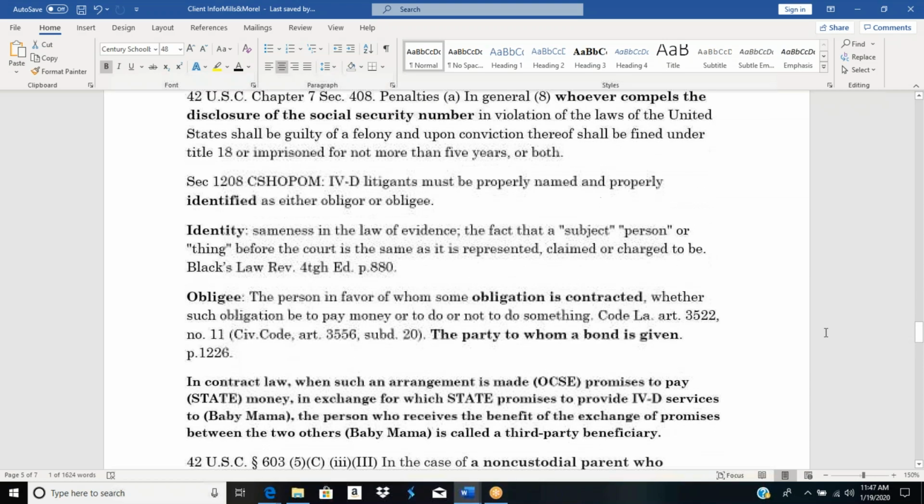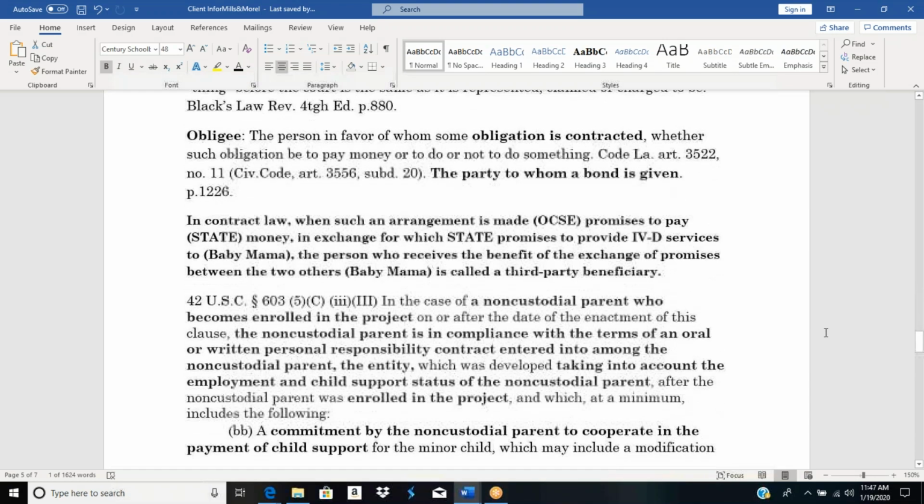Okay? Now, obligee, and I want you to pay close attention right here. The person in favor of whom some obligation is contracted. All right? Down here is the key word. Okay? The party to whom a bond is given.